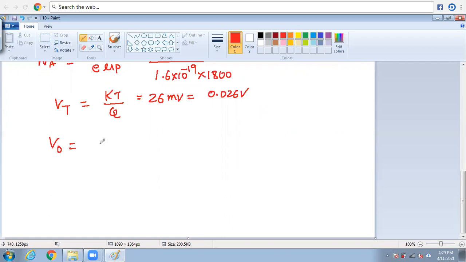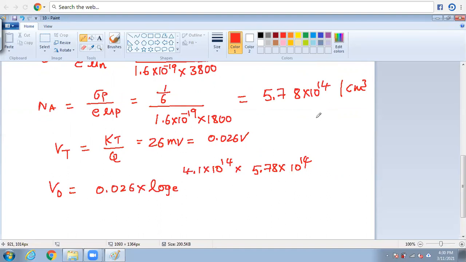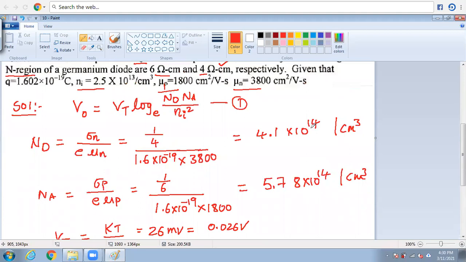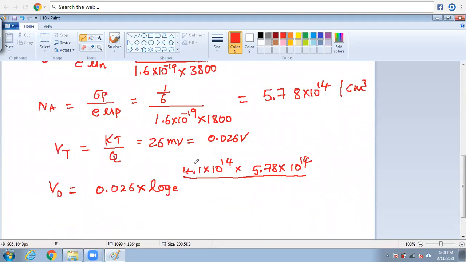In expression 1, I substitute all the values. So V naught equals 0.026 into ln, or log with respect to base e, of ND, which I derived as 4.1 into 10 to the power of 14, into 5.78 into 10 to the power of 14, divided by the Ni value, 2.5 into 10 to the power of 13, whole square.